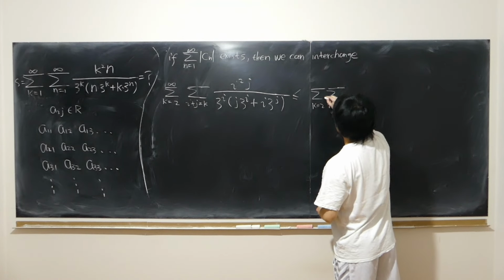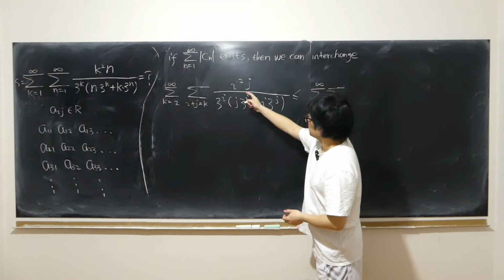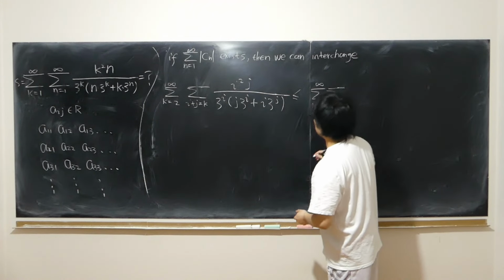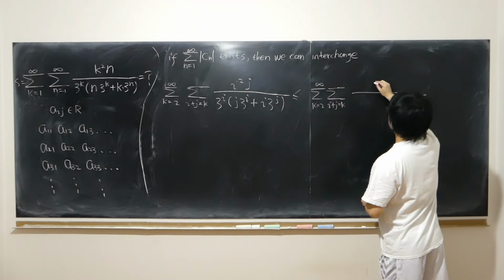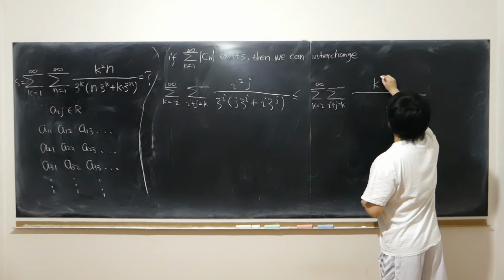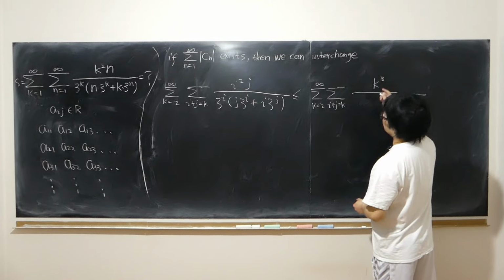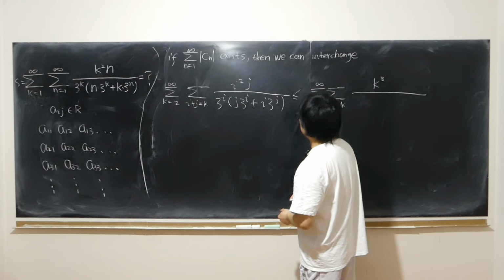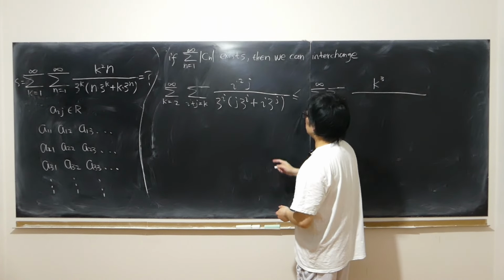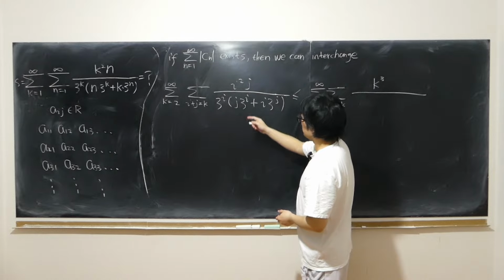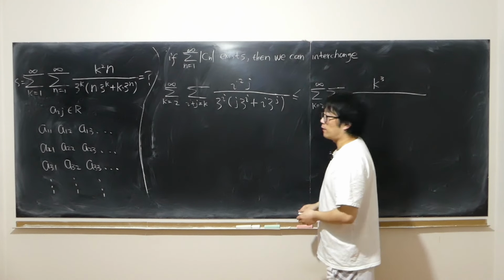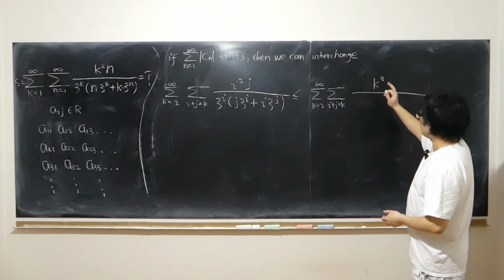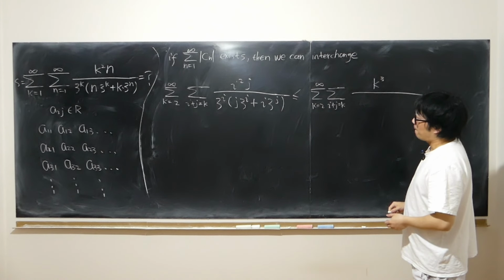k from 2 to infinity. I'm going to replace i with k and j with k as well. That's okay. k squared times k cubed. Okay? Because you notice that down here is just exponential, which grows much faster than power, right?